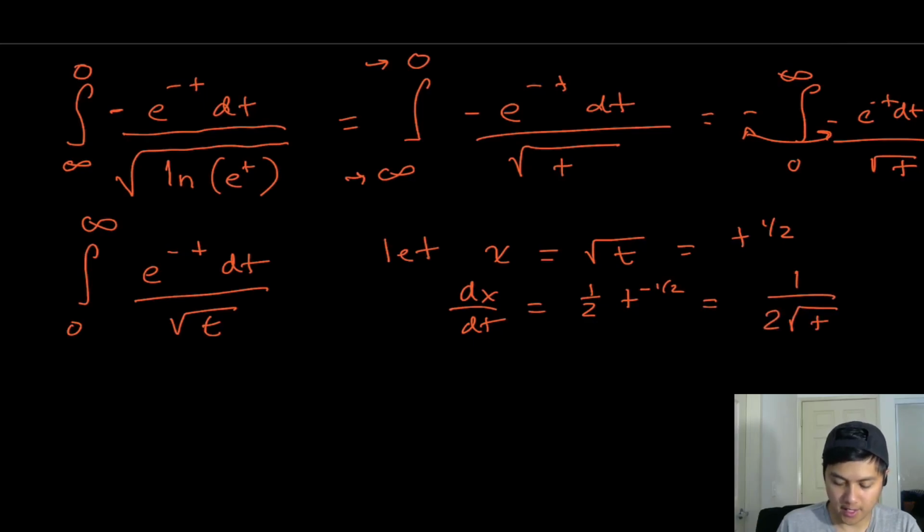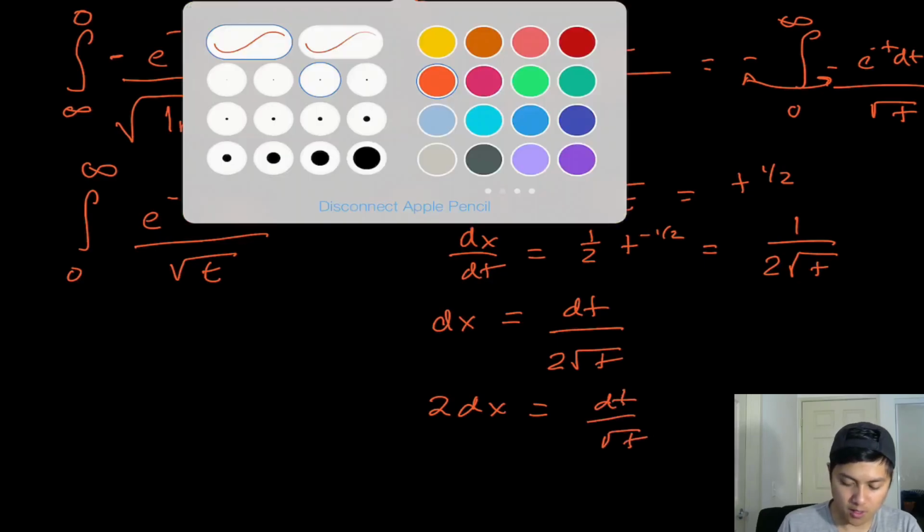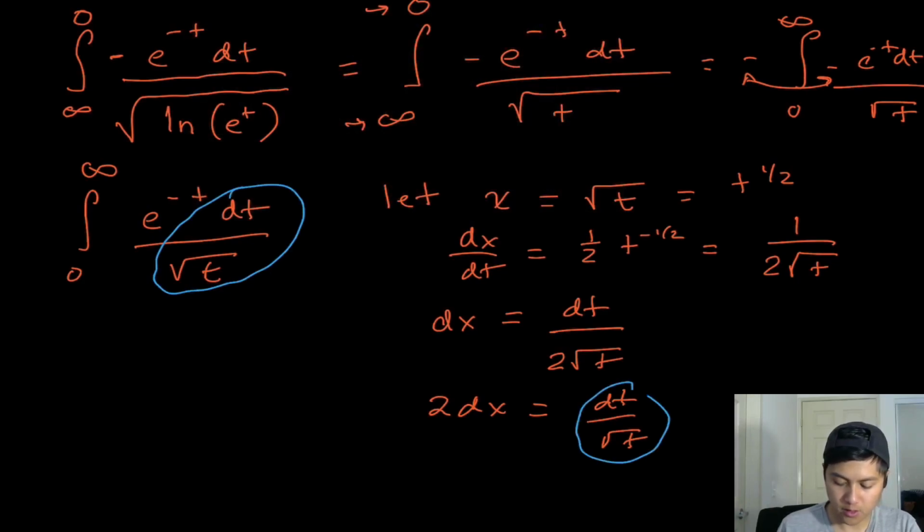So we find that dx is equal to dt over 2 root t, or that 2 times dx is equal to dt over root t. I wrote it like this because if you notice, we have this dt over root t right there, so we know how to express that in terms of x now.